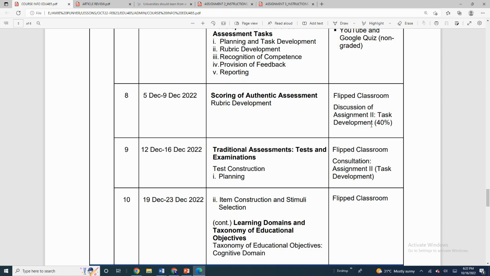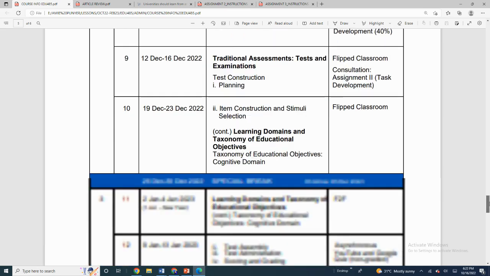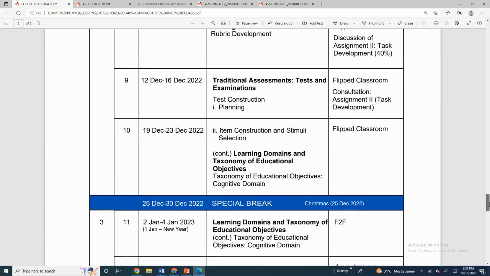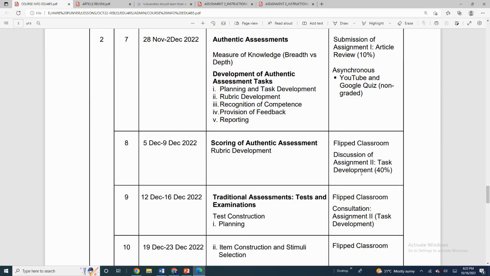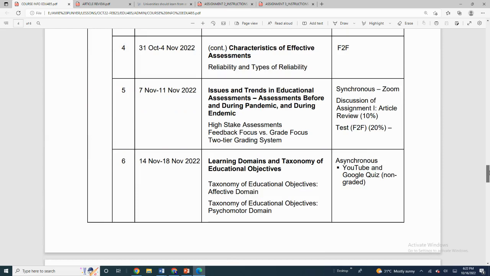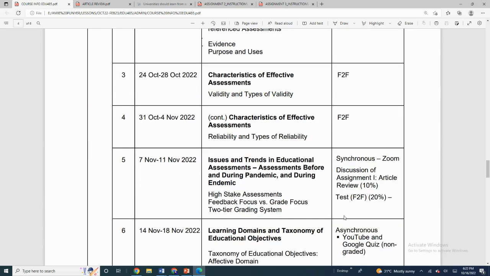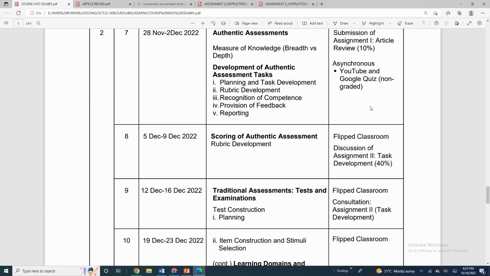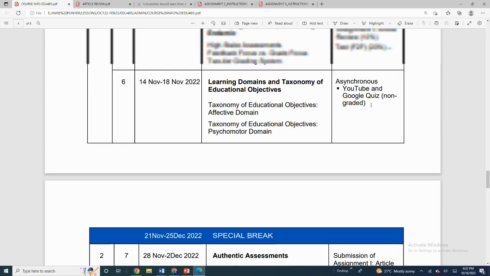Okay, so just have a look at the holidays and whatnot. I also have identified and stated here the weeks in which I will be talking about each of the assignments in detail. For example, where would that be?